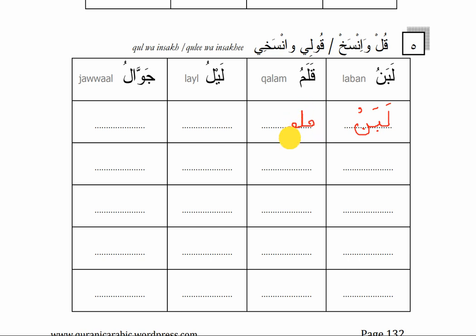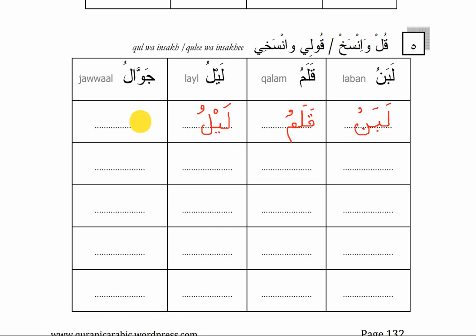We have not done meem, so we'll do it later, but now I have written qalam. Lam, ya, and lam. Lam as initial, lam as the ending letter. Laylu. Since this is not a long vowel, you need to put a sukoon over it. Jawwal. Jawwal is the mobile.